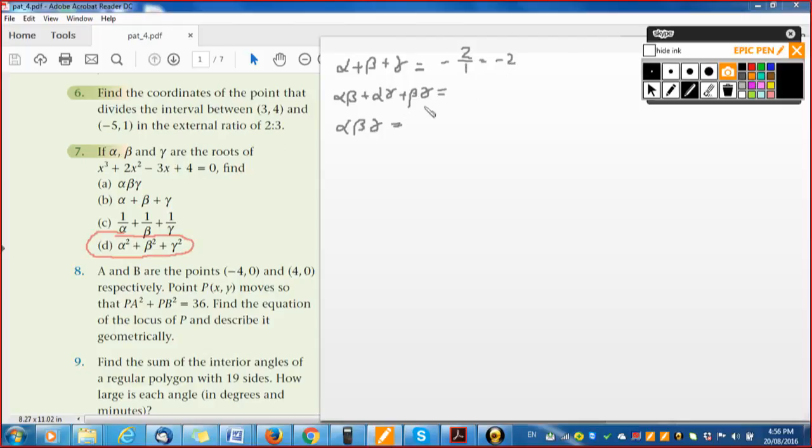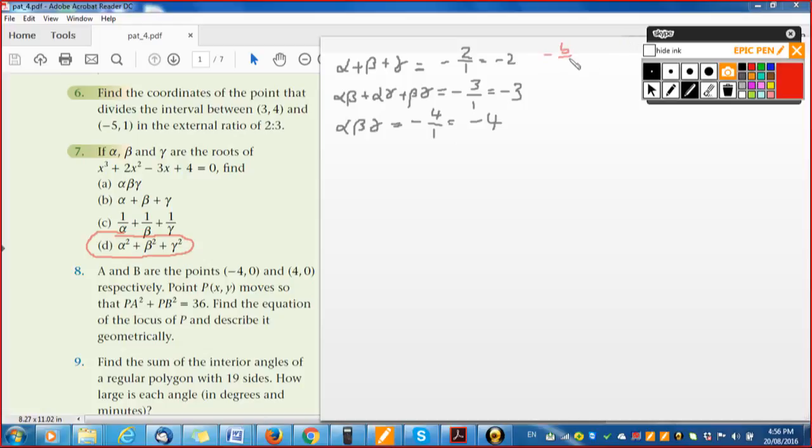And then the sum of the roots two at a time is going to be minus 3 over 1, which is minus 3. And the last one, the product of the roots, is going to be minus 4 over 1. Yep, C over A, which is going to be minus 4.